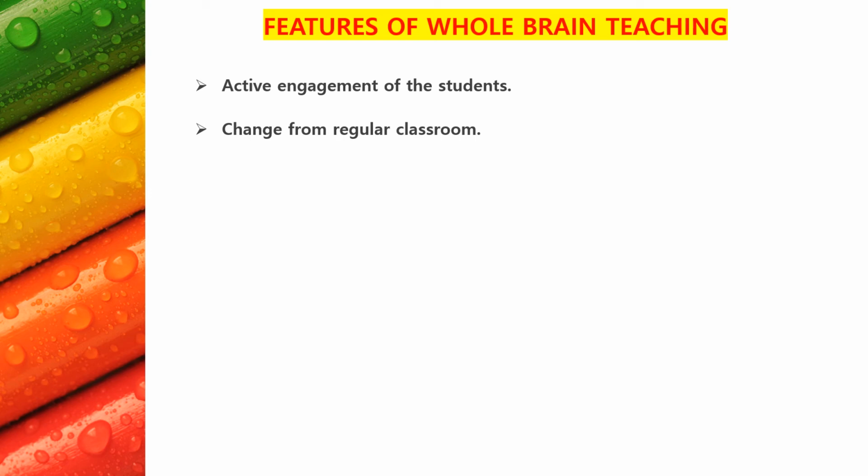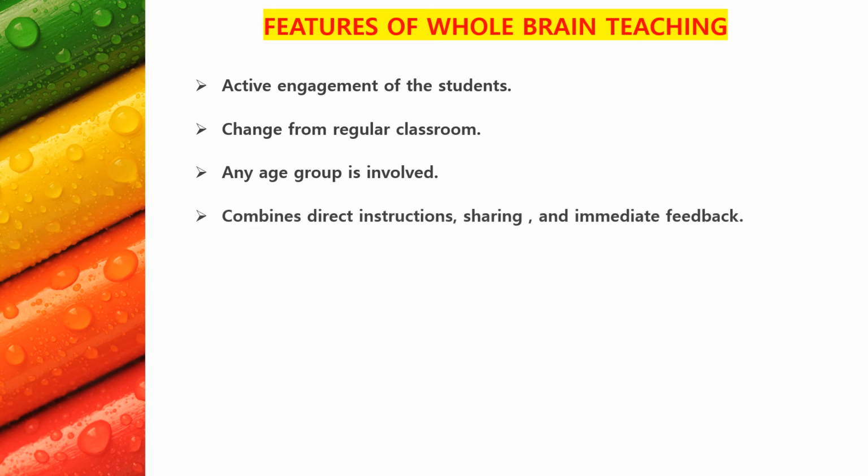It is a change from the regular classroom. There are a lot of things that are different in whole brain teaching than in the normal classroom, which we will see later on. Any age group of students can be involved in the whole brain teaching process, where the role of MKO is transformed from the teacher to the student, and the student takes responsibility to teach the other students or their peers.